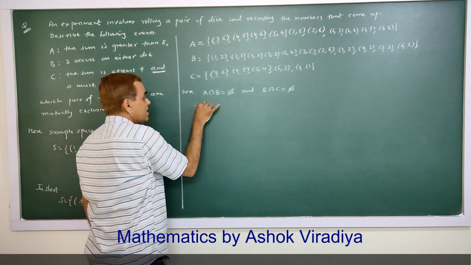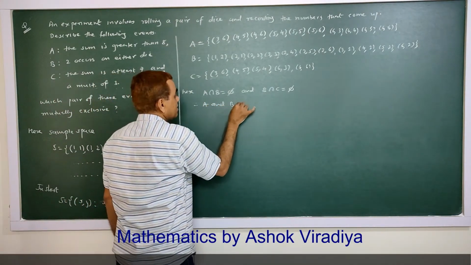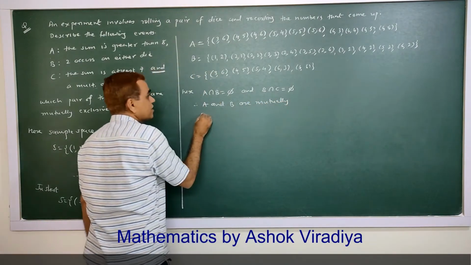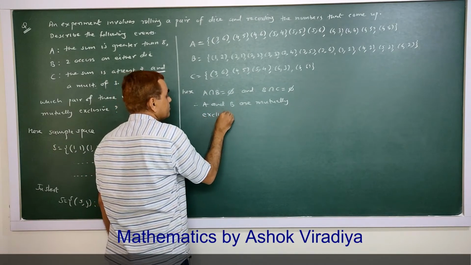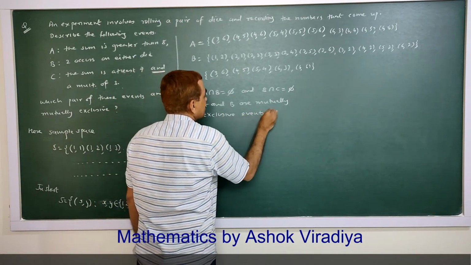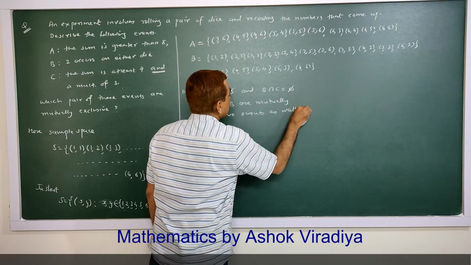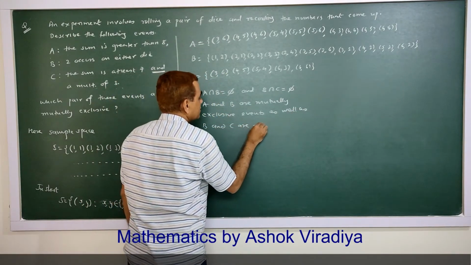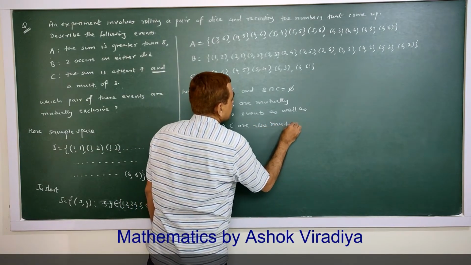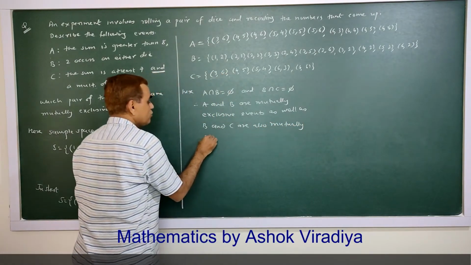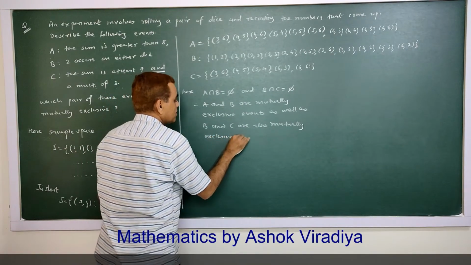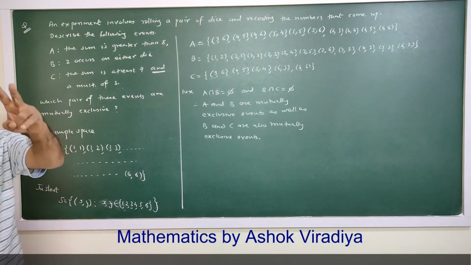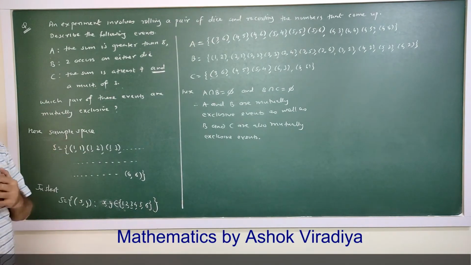Therefore A and B are mutually exclusive events, as well as B and C are also mutually exclusive events. There are two pairs of mutually exclusive events.